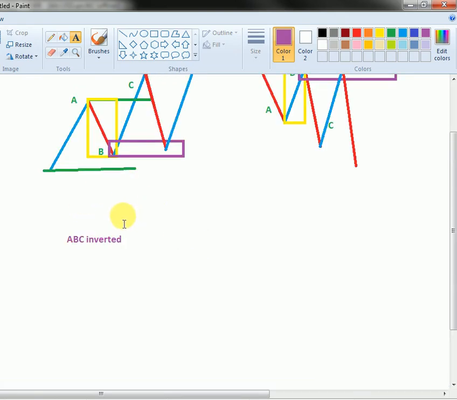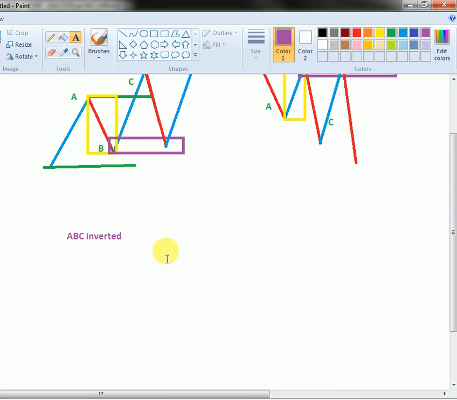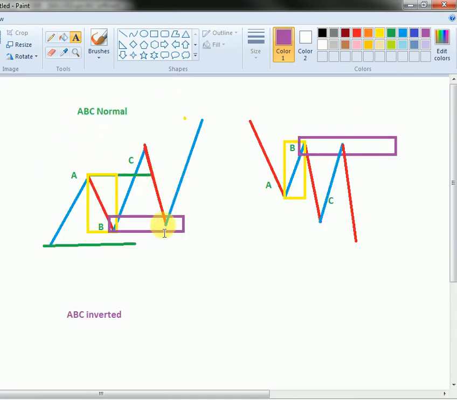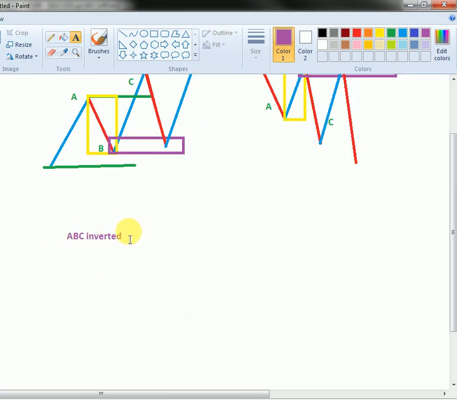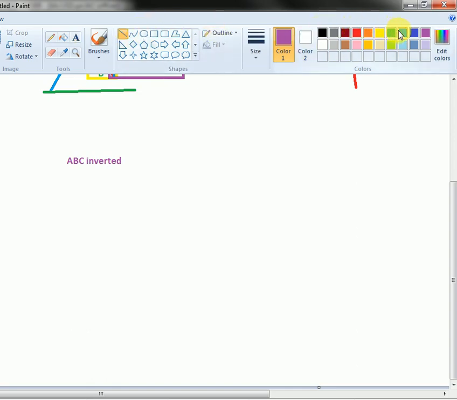So what is ABC inverted? ABC inverted is a counter setup. That means the ABC inverted setup happens when the ABC normal setup has failed. Same situation: first, when we look at the chart, we look for the basic market structure, move up and then pull back, same as ABC normal.